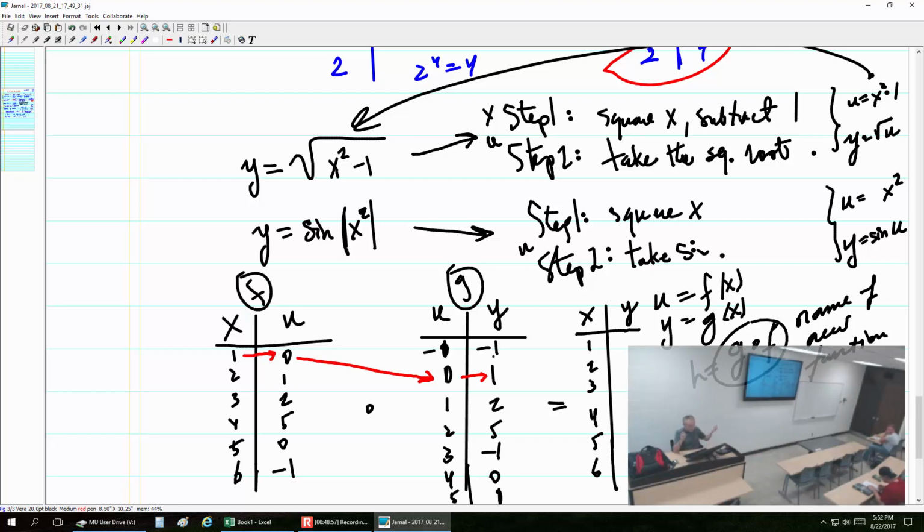So okay, what do I put in the first row? The input is 1, output is 1. Okay, let's do it one more time. If I start with 2, I go to 1. And from 1 I find 1. Okay? I have more colors here. Read.